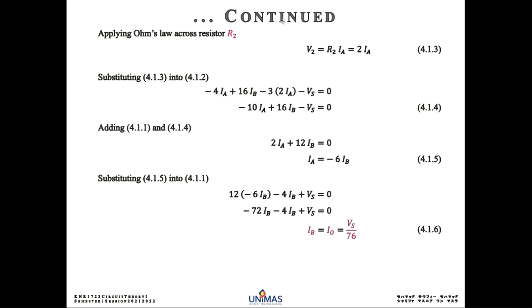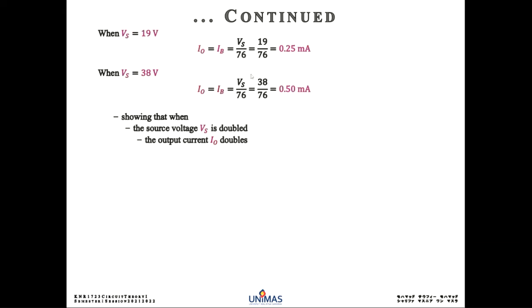So I naught, which is Ib, is Vs over 676. So when Vs is equal to 19, I naught is 0.25. When Vs is 38, the I naught will be doubled because the voltage is doubled, the current will be doubled. So that is just a simple example of the linearity property.